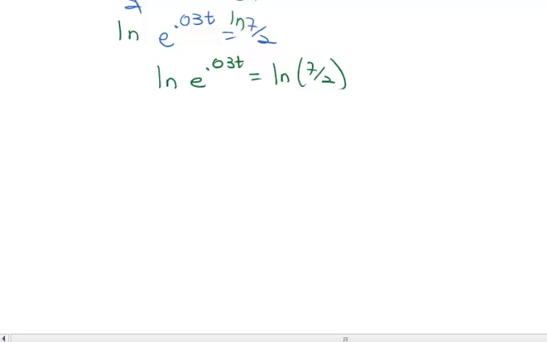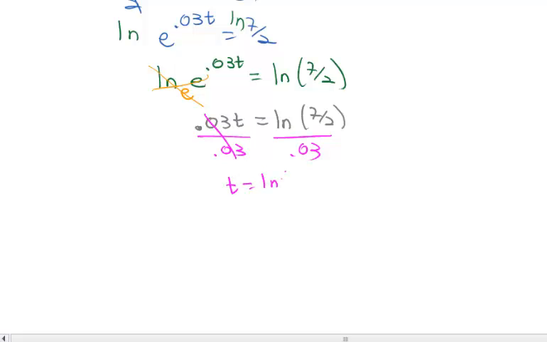But remember, the base of the natural log is e. And so when the base matches the base, the natural log and e undo each other, unexponents, I guess you could say. And so we have 0.03t equals the natural log of 7/2. Quickly get t alone by dividing by 0.03.